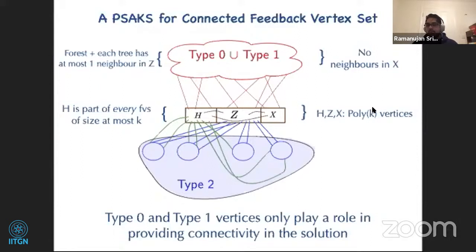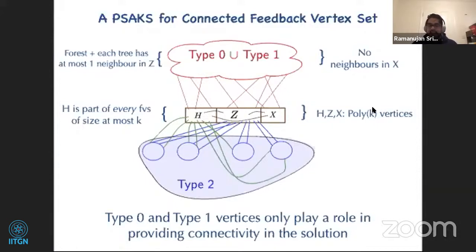So if my goal was to hit cycles and I delete H, can I have any cycles that then pass through type 0 or type 1 vertices? No, because they're all trees and each connected component there sees exactly or at most one vertex outside. So if you enter that connected component, you're not going to leave. So there cannot be any cycles passing through them once H is deleted.